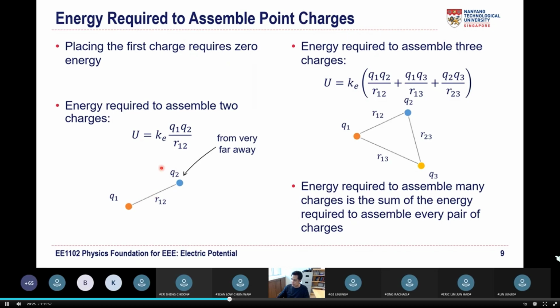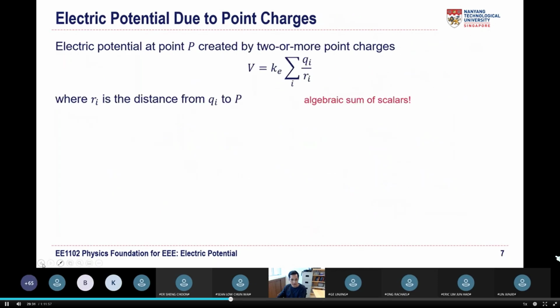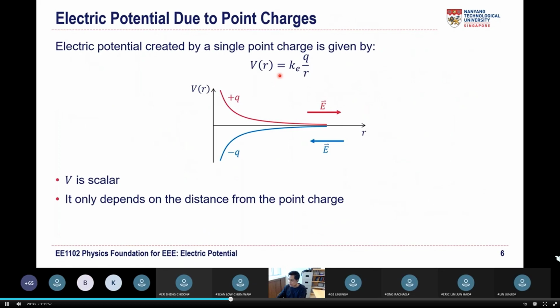Okay? But this actually comes back to the very idea of how this was defined. So this is the electric potential per unit charge, meaning if we already have one charge, and in order to bring in a test charge, how much energy is required per unit charge of bringing it in?